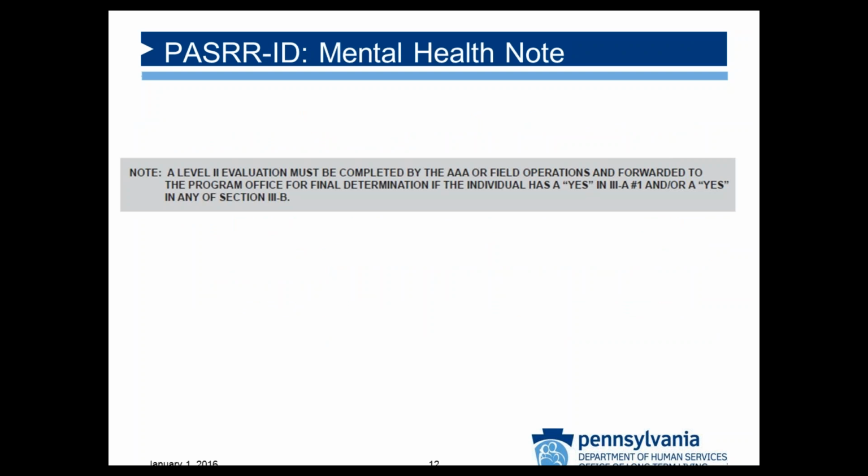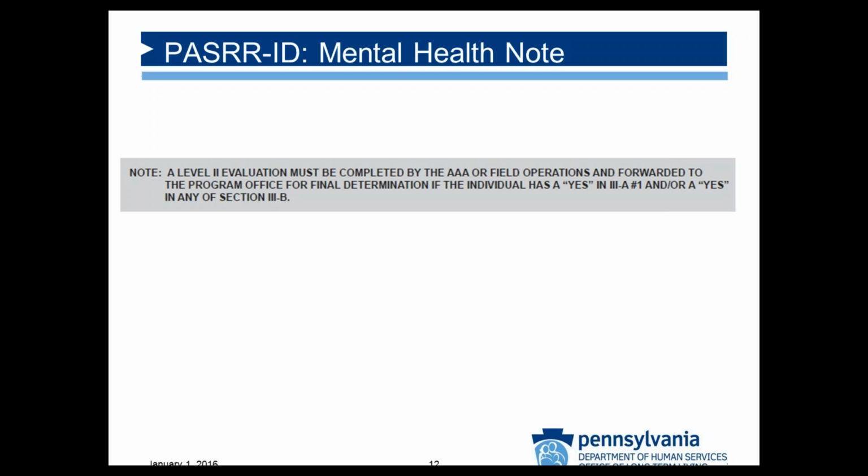And then once again, I did stress this is your note section saying what does meet the level 2 criteria. So there's 3 ways to do it. You can have a major mental illness, so you would have a yes in 3B or 2B number 1.